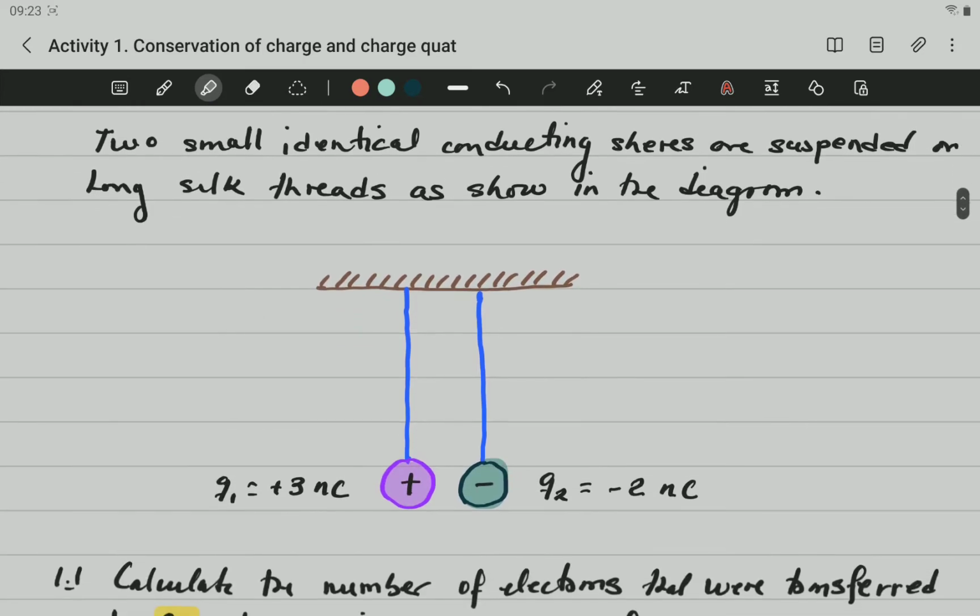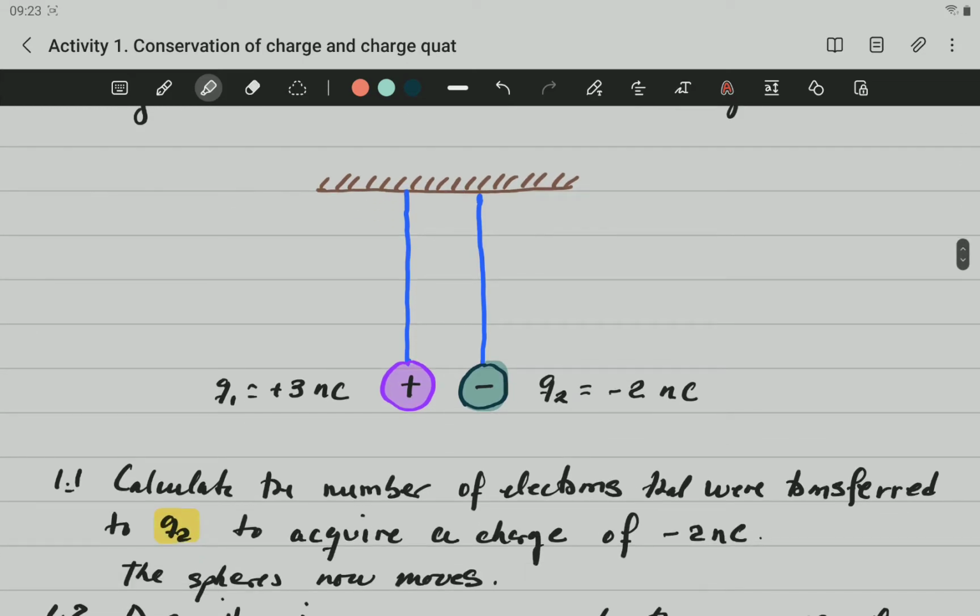This question says two small identical conducting spheres are suspended on long silk threads as shown in the diagram. You have two spheres that are charged Q1 and Q2. The charge of Q1 is positive 3 nanocoulomb and the charge on Q2 is negative 2 nanocoulomb.